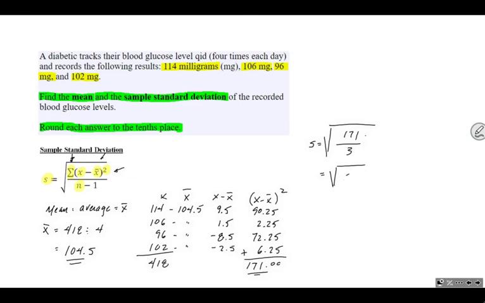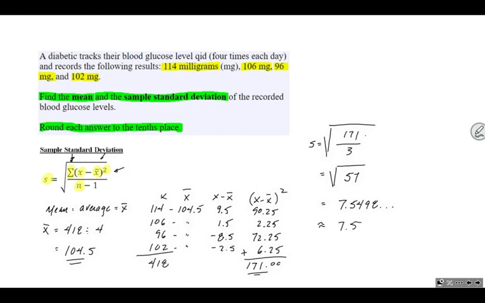That equals 57. Finally, we're going to take the square root of 57, and we're going to get 7.5498, and that keeps going. We'll just truncate that right there. And then we want this value rounded for our answer to the 10th place. So that's going to mean that our standard deviation is going to be approximately equal to 7.5.